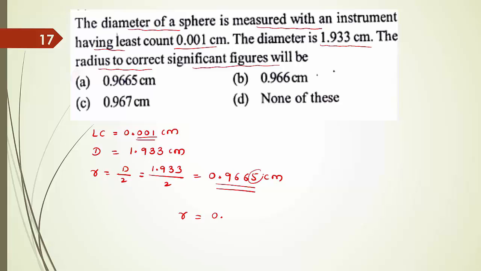The last digit is 5, right? So with 5, we take only the previous digits, 0.966 centimeter. If it were greater than 5, then we would take 967. But it is equal to 5 and the previous number is even, so we keep it as it is. So the final answer is 0.966 centimeter. So the correct option is B, 0.966 centimeter.